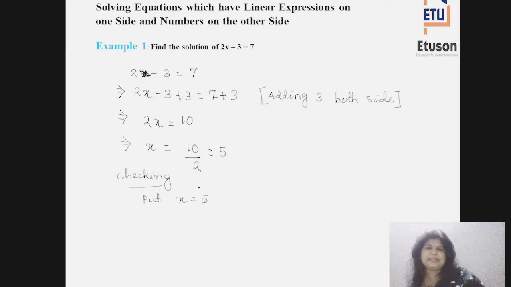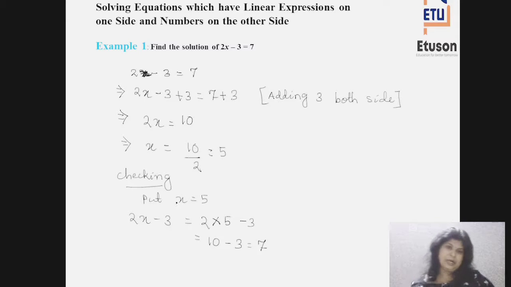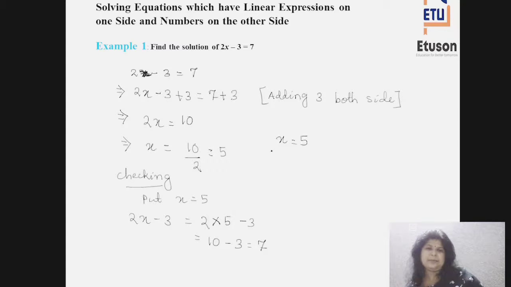So 2x minus 3 is nothing but 2 into 5 minus 3. So the answer is 10 minus 3, that is equal to 7. So whatever was there in the right hand side, the same number you are getting. So definitely the solution of x is equal to 5.